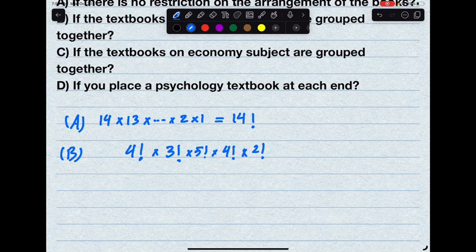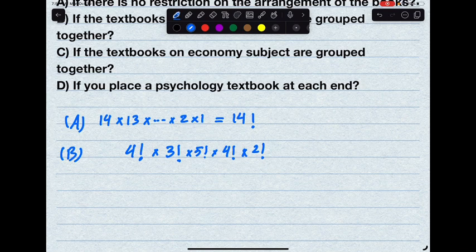We want the economic books next to each other, grouped together. So for the other 12 books there's no restriction, and we treat the 2 economy books as just one object.